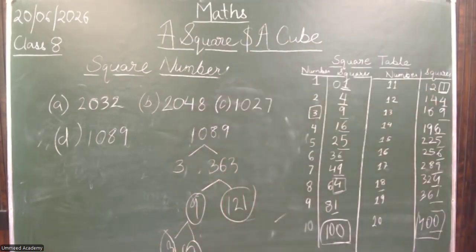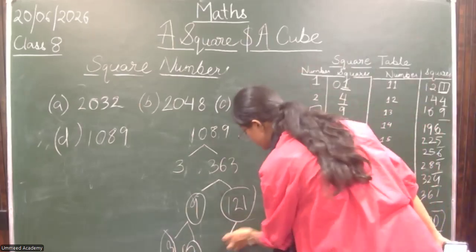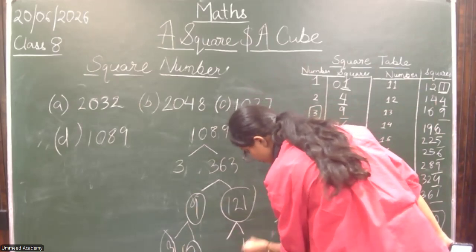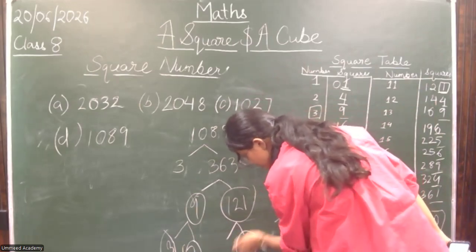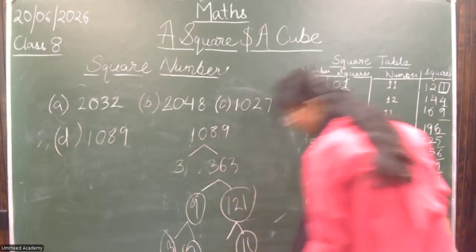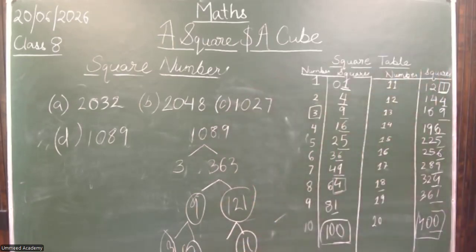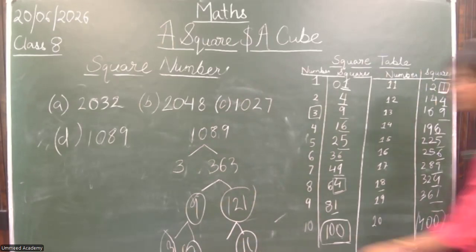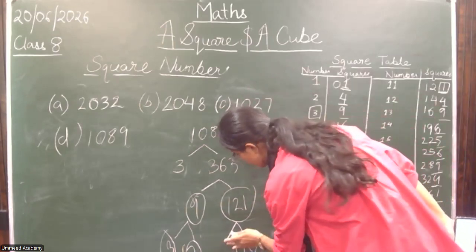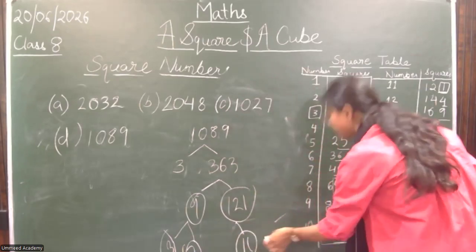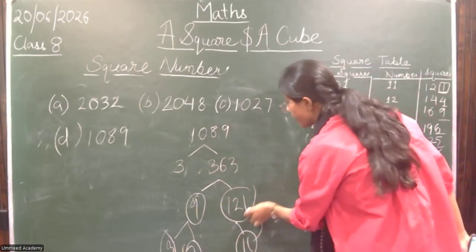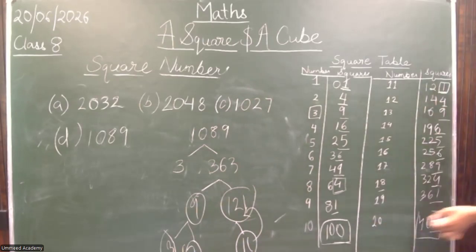And then after this, what will we do? 121, very easy. Ma'am, 11 into 11. 11 को कैसे करा आपने factorize? Ma'am, it is a prime number. It is a prime number, right? So 121 is a square of 11.